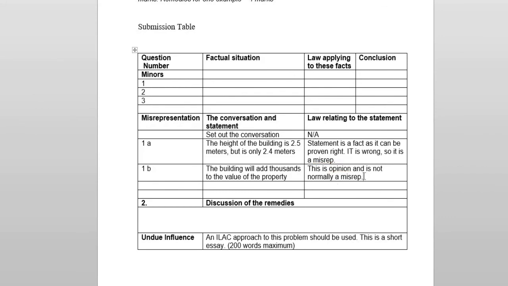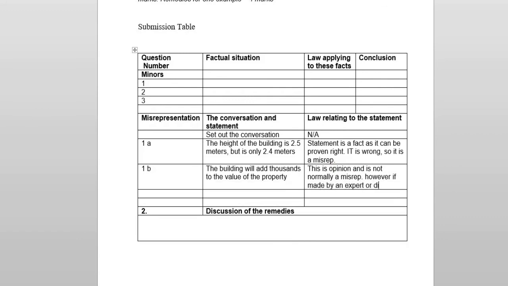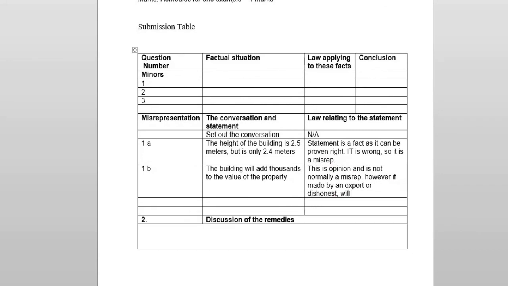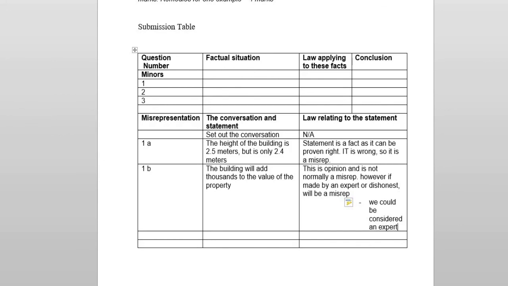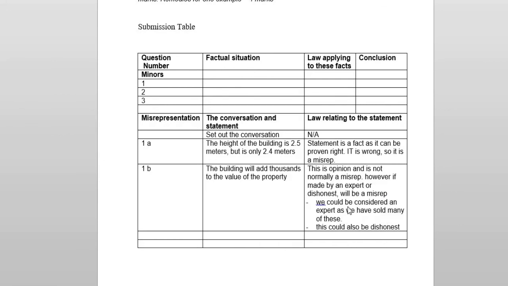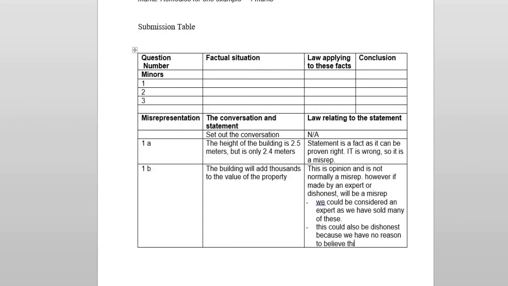However, if made by an expert or dishonest, it will be a misrep. Now the issue here is we could be considered an expert because we've sold many of these. We could also be considered to be dishonest because we have no reasonable grounds to believe this. In other words, we're just making this up. So in that case, this would be a misrepresentation. Now that's as far as you need to go again with that.